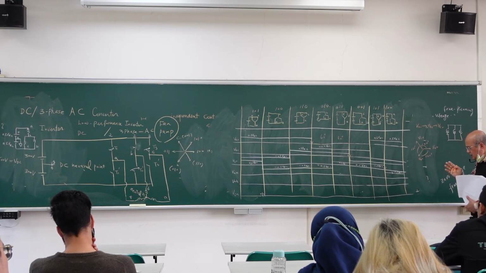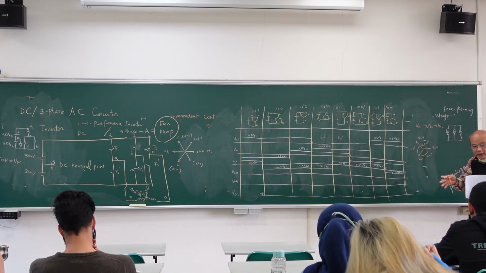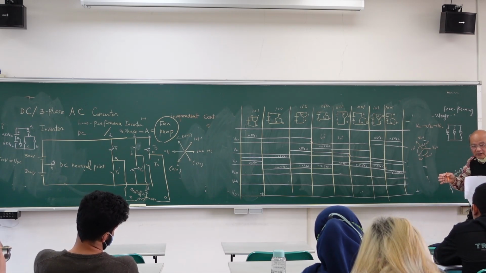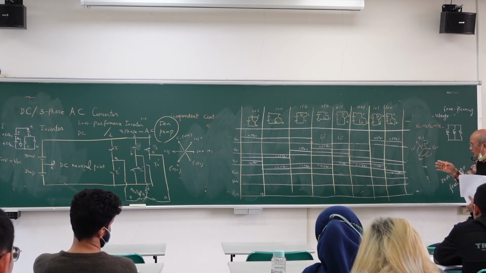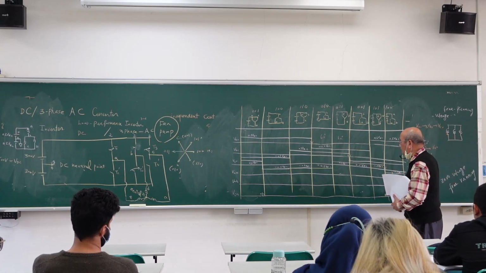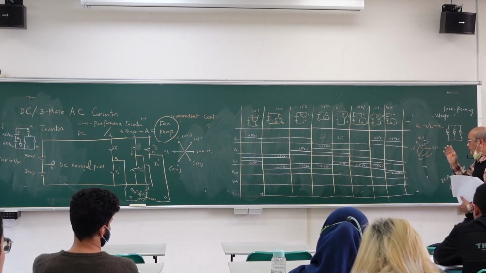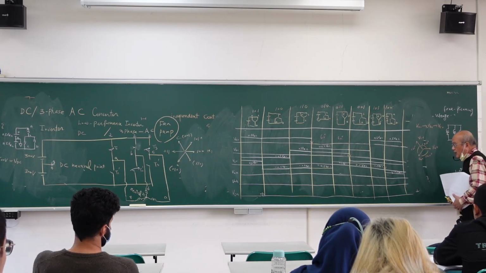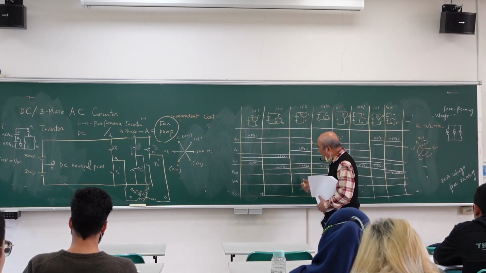Do you think that the phase sequence is correct? Yes. Do you think that the phase shift is correct? Yes. Do you think that the motor will rotate? Yes. So you can check phase sequence and the phase shift. So no problem. So now we want to draw VAN.